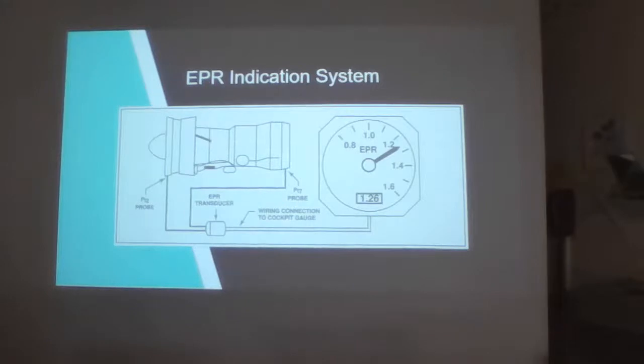This diagram on the slide is a diagram of the EPR indication system, just an example. Here we have a turbine engine, and in this diagram we have the PT2 probe, which is near the inlet of the engine, and the PT7 probe, which is near the exhaust.